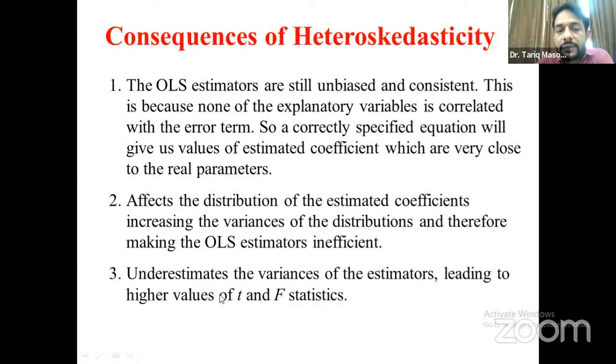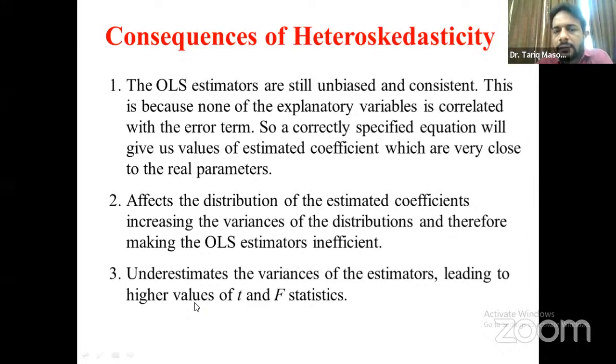Now, due to inefficiency in OLS estimates, there will be underestimation of variances of estimators, leading to large values of t and f, because when we derive the t and f statistic, particularly the t statistic, we know that t calculated is equal to beta cap divided by the standard error of beta cap. Now there is a change in the variance, there is a change in the denominator.